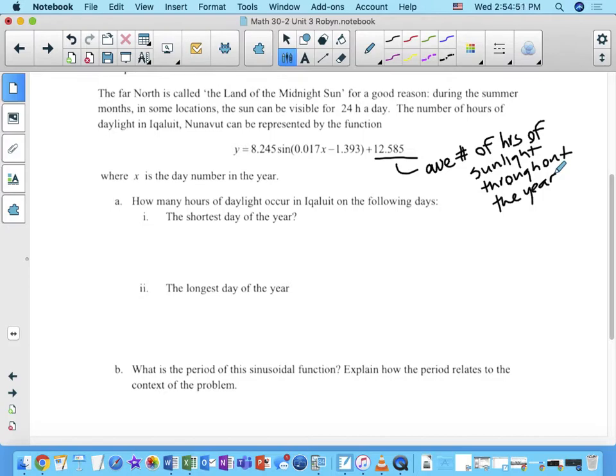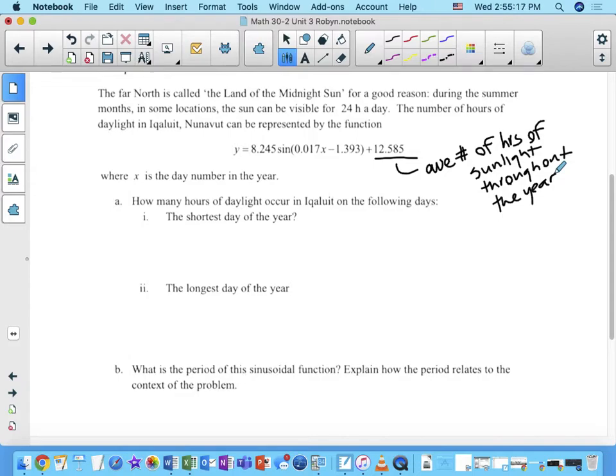So if the average is 12 point something hours, and it goes up by 8 point something hours, well, 12 plus 8 is what? 20. So if the middle is 12 and it's going up by 8, it's going to be 20 point something hours is the maximum. Does that make sense?